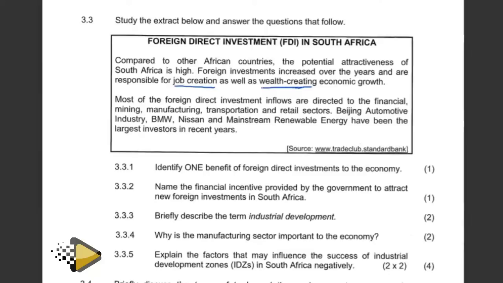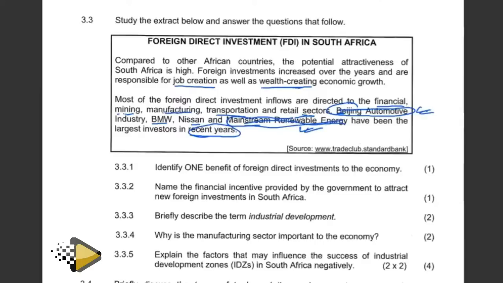Most of the foreign direct investment inflows are directed to financial, mining, manufacturing, transportation, and retail sectors. Beijing automotive industry, BMW, Nissan, and Ministry Renewal Energy have been the largest investors in recent years.